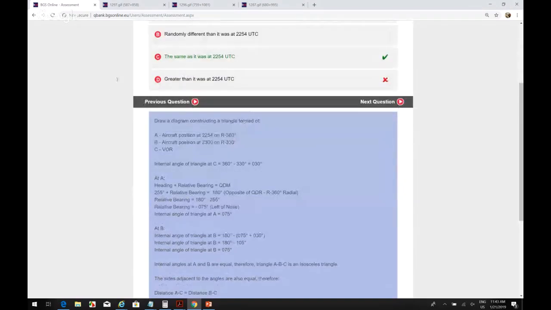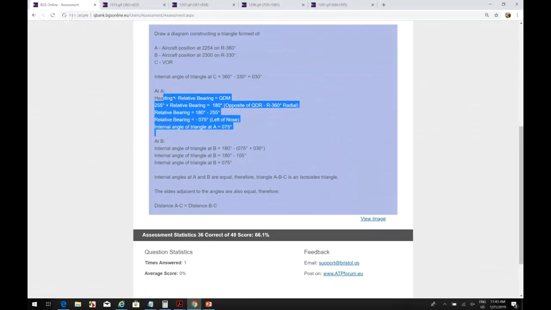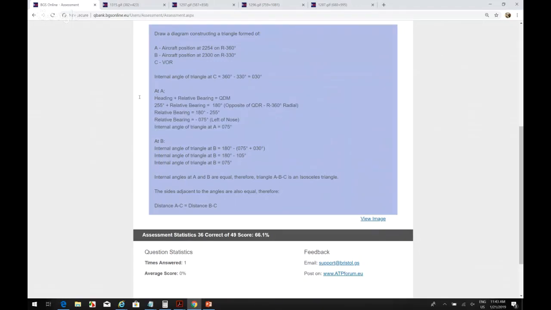Let's see how to calculate that. Draw a diagram constructing a triangle formed of the two positions and the VOR. Yeah, that's what I visualized. And at A, heading and relative bearing QDM. Okay.